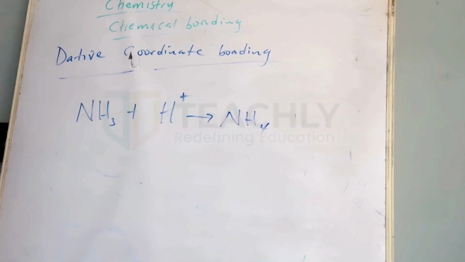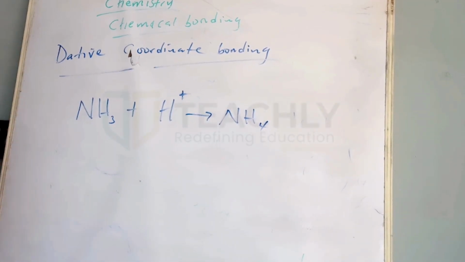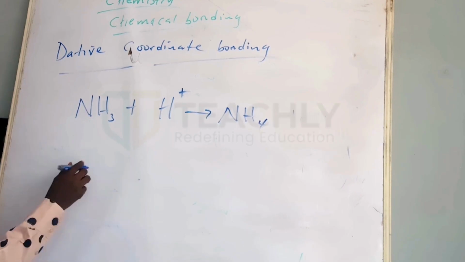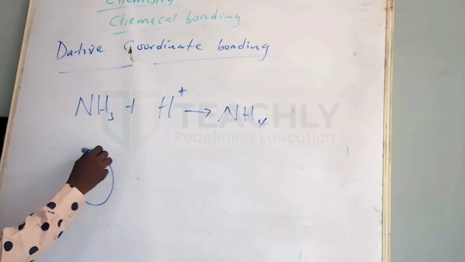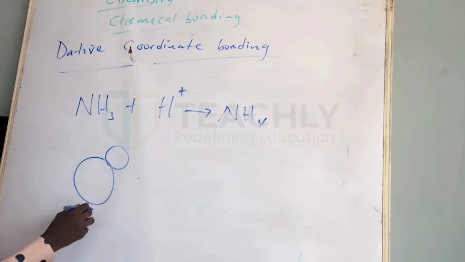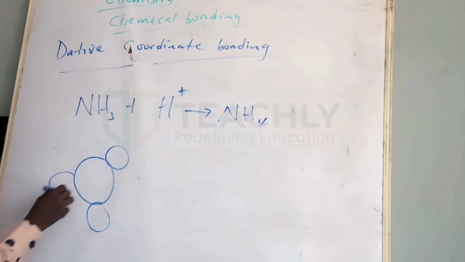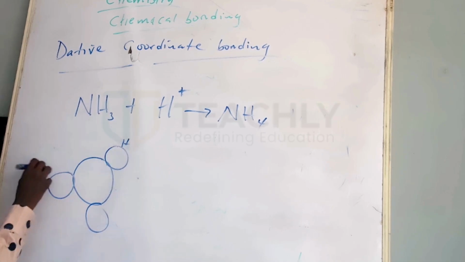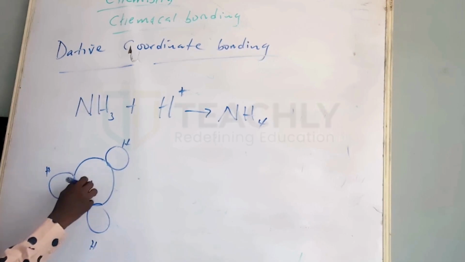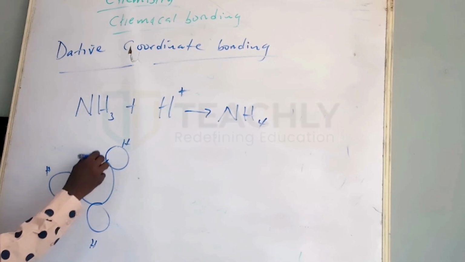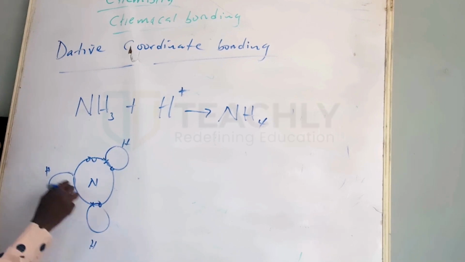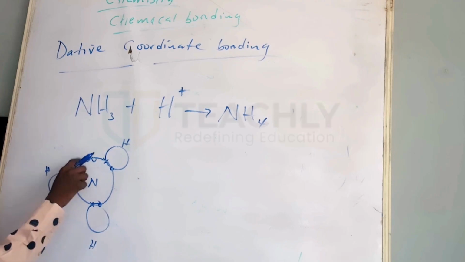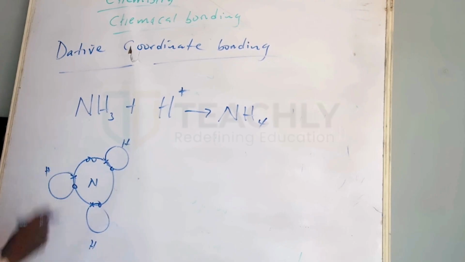In ammonia, we have something like this: nitrogen, N, and hydrogen, H. Counting the electrons, 1, 2, 3, 4, 5, 6, 7, 8. So this is ammonia, NH3.